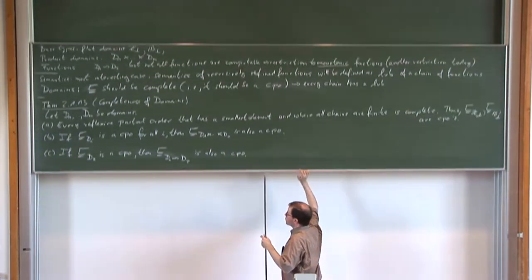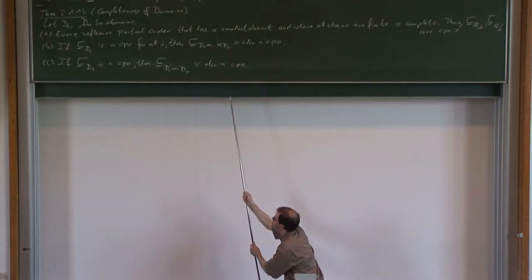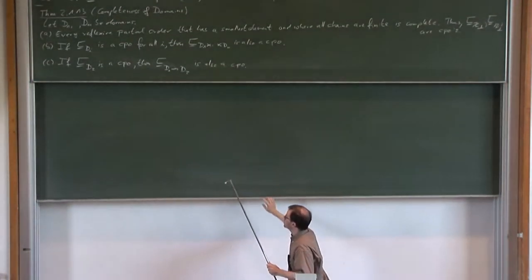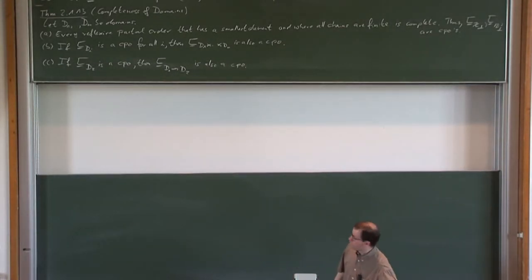Now this is not so difficult to prove. I will prove A and B, and the proof of C is very similar to the proof of B, so I will omit this.